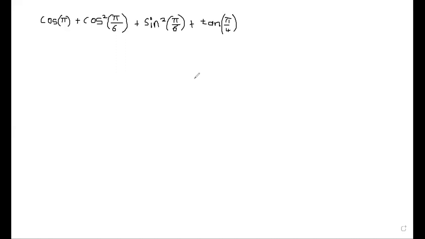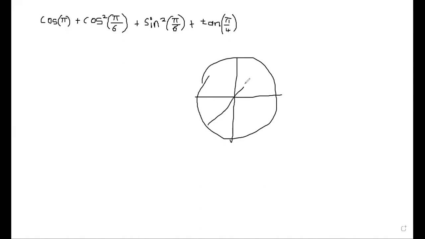So let's evaluate cos at pi. As you know, the unit circle has different values around it. So I think 2 pi is around somewhere here, pi is here, and this would be 3 pi over 2, and here it would be half a pi.